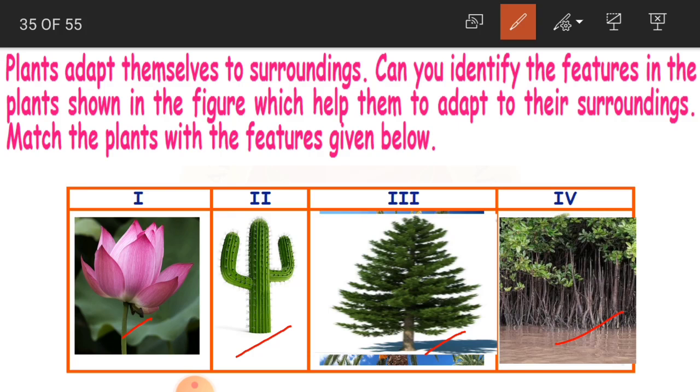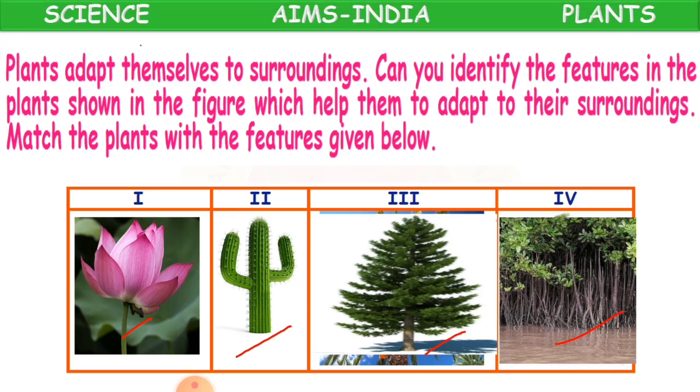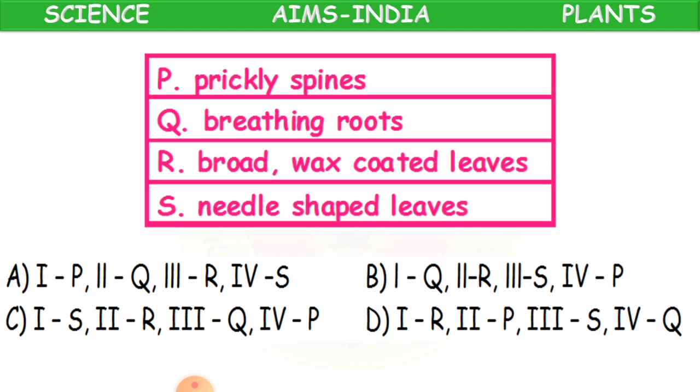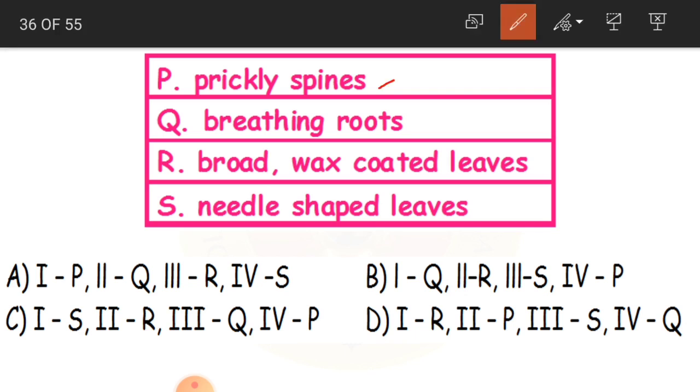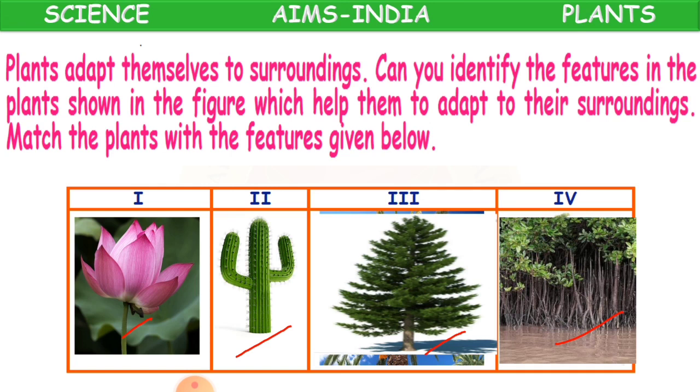Now we have to match the plants with the features. So P refers to prickly spines, Q refers to breathing roots, R is broad wax coated leaves and S is needle shaped leaves. So now we have to match them.